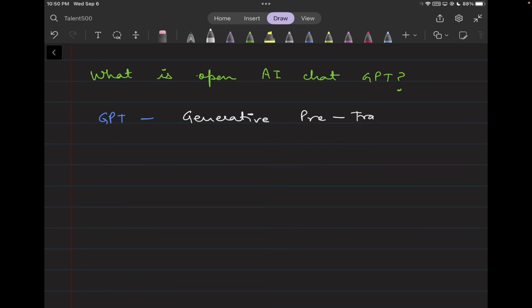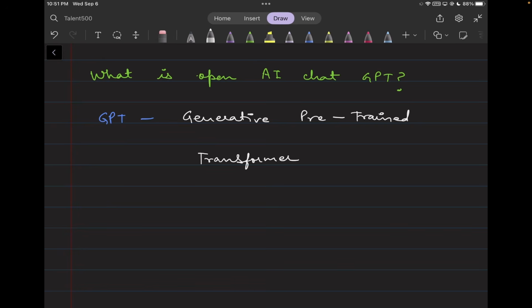Pre-trained Transformer. Alright, what does it mean? It means you are going to be using a type of artificial intelligence language model developed by OpenAI. And that model is capable of generating lots of text based upon the given prompt.